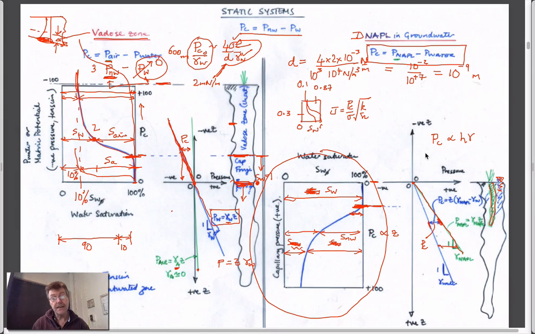And in our particular case, capillary pressure will also be equal to a height or a depth multiplied by the unit weight of the non-wetting fluid minus the unit weight of the wetting fluid. The difference is in those densities, which is really what this difference in here represents.